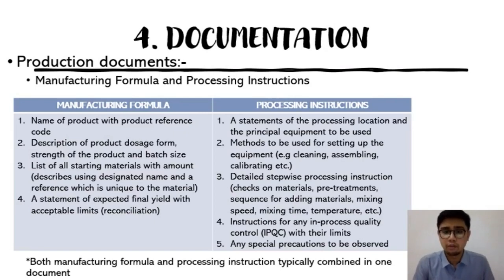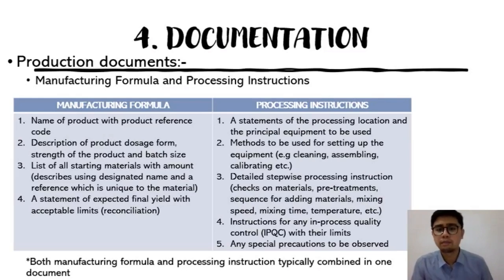Manufacturing formula possesses four basic pieces of information, which are the name of the product with product code, a description of the product dosage form, strength, and batch sizes, a list of all the starting materials with their composition, and a statement of expected final yield with acceptable limits.